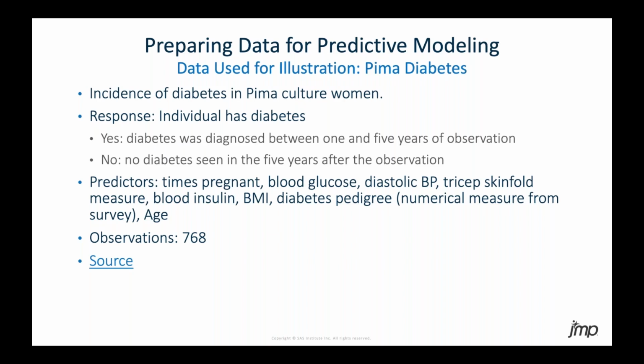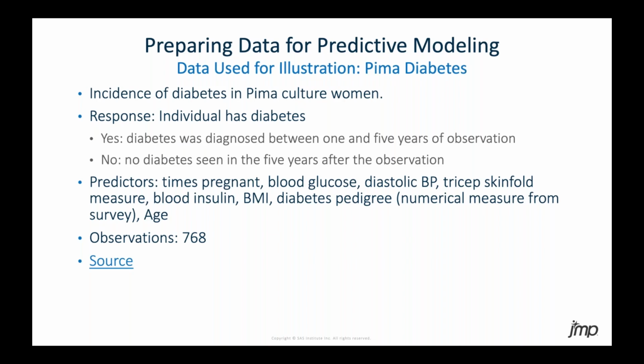So each row in this data table that I'm going to show you is going to be one individual. No means that in the 5 years after the observations in the data set, that person had not developed diabetes. There are about seven or 8 predictors in there: times pregnant, blood glucose, diastolic blood pressure, and so on. 768 observations. As I had mentioned, a fairly small data set.